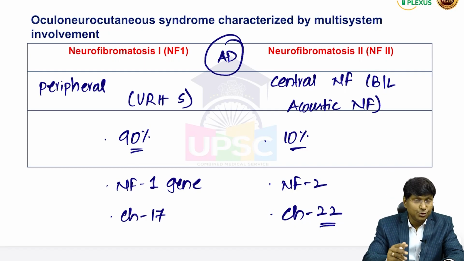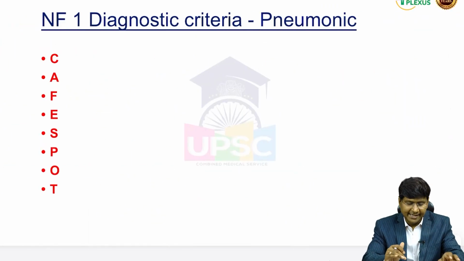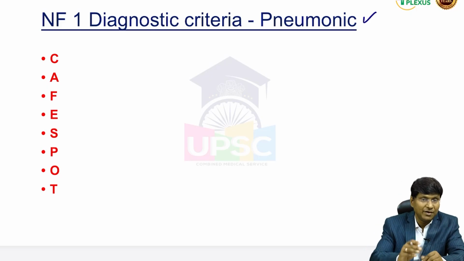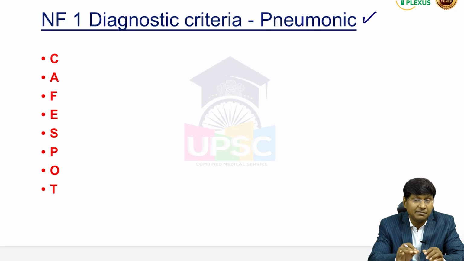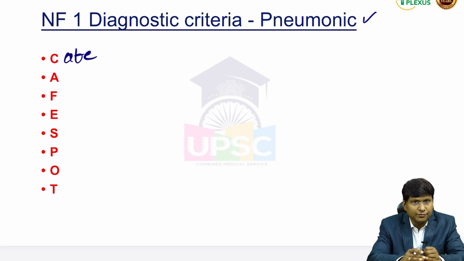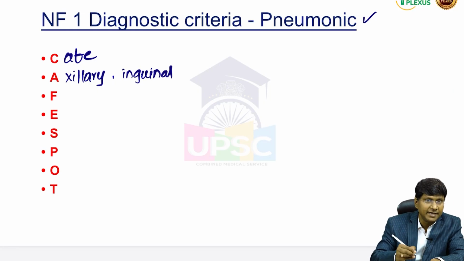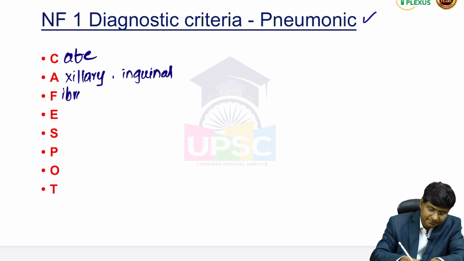For neurofibromatosis type 1, you have a diagnostic criteria, and let me teach you the entire criteria in the form of a mnemonic: CAFE SPOT. C is café-au-lait spots, the very important cutaneous manifestation. Then A is axillary or inguinal freckling, and F is fibroma.